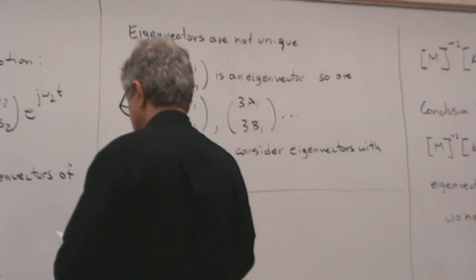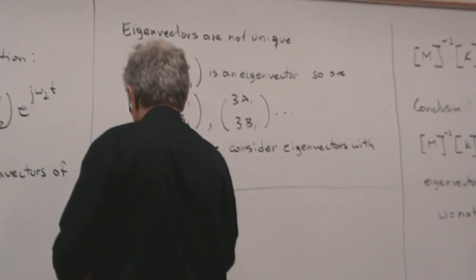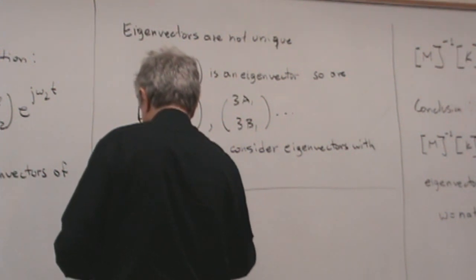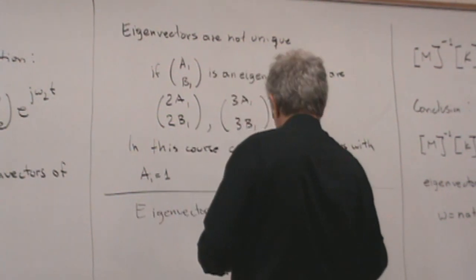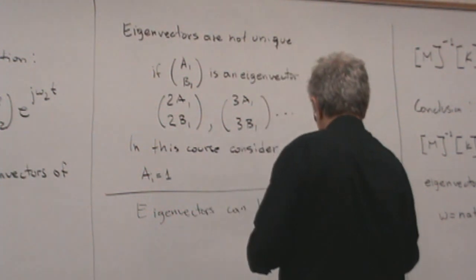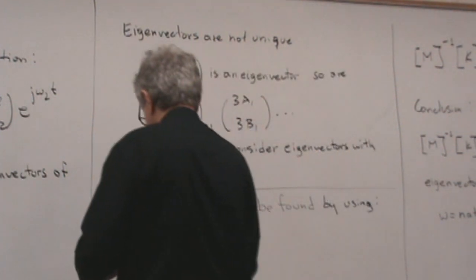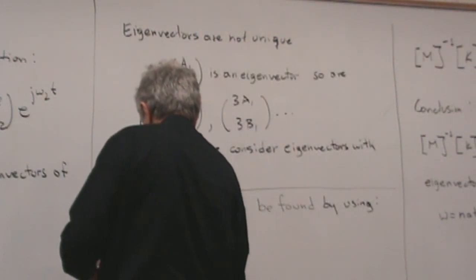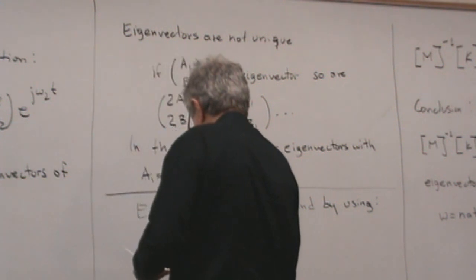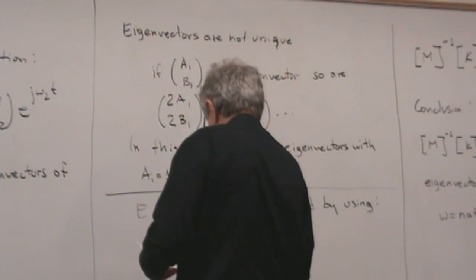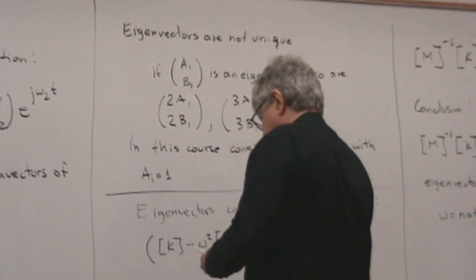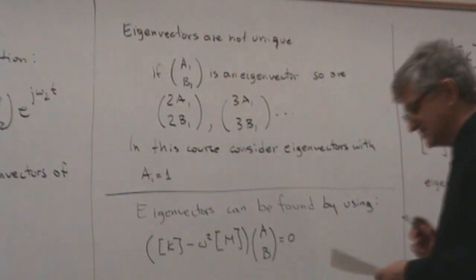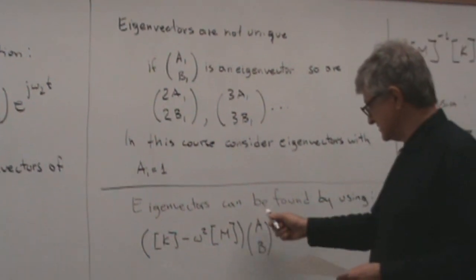Once you have the natural frequencies, then you can solve this equation: the stiffness matrix minus the mass matrix scaled by omega squared, times the eigenvector, equal to 0.